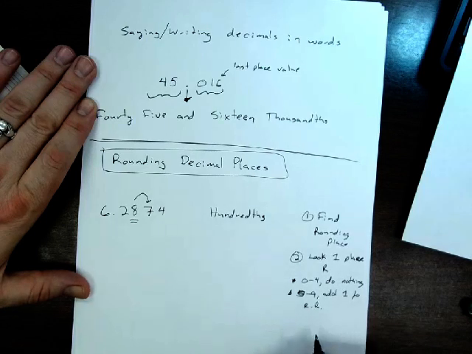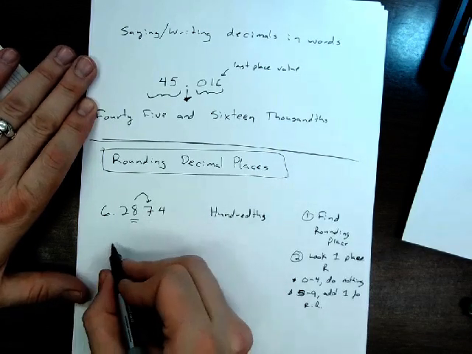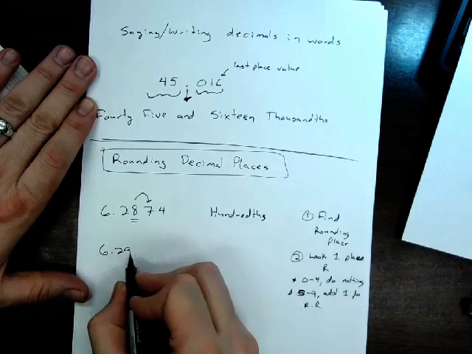Just abbreviate that RP. So we're going to just add 1 to that rounding place. So it's going to be 6.29 in this case.